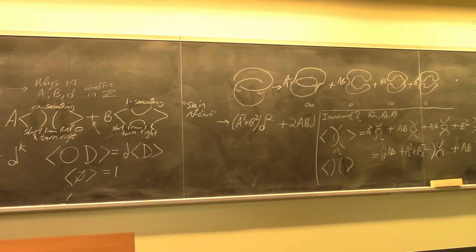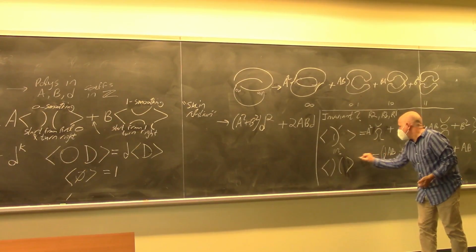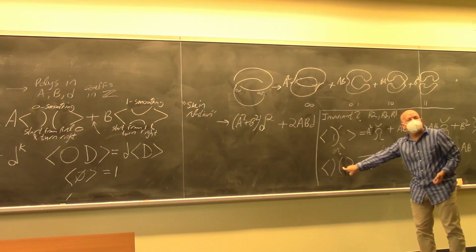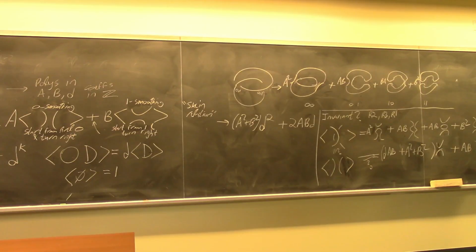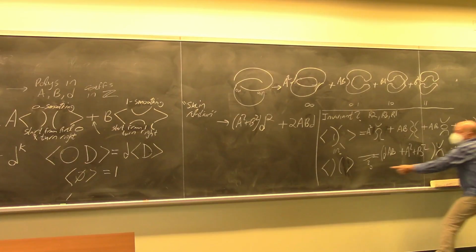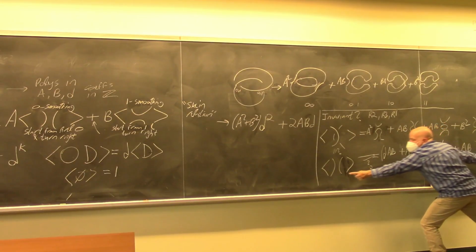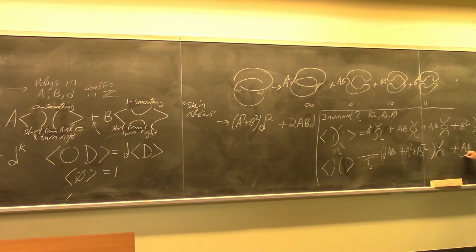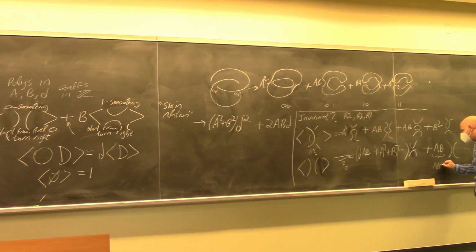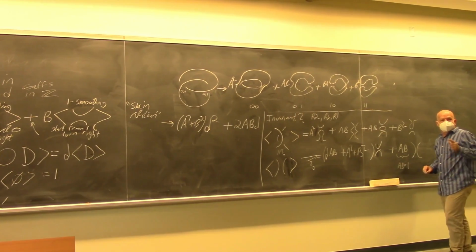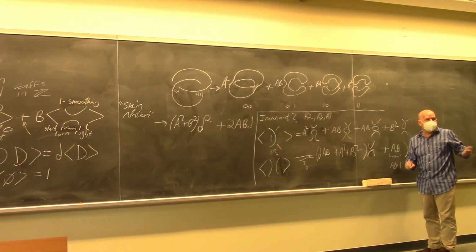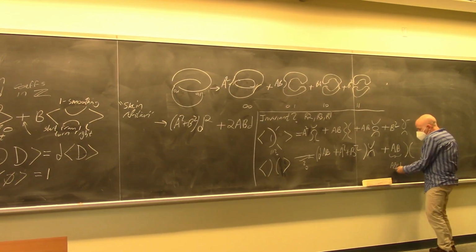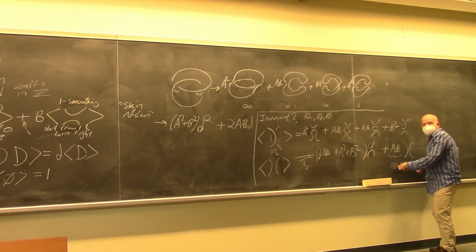Now, I want this to always be equal to that. The only way it would happen is if the coefficient of this diagram, which is the same as that, is 1. So the conclusion is that AB must be equal to 1. So I told you a lie. I said it's a polynomial in 3 variables, but in fact 2 of them must satisfy a relation, or else it will not be an invariant.